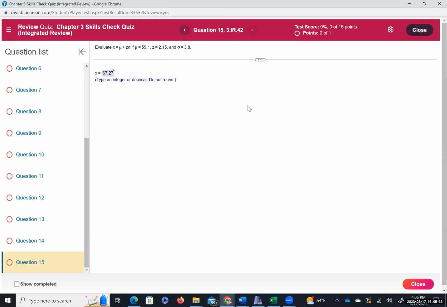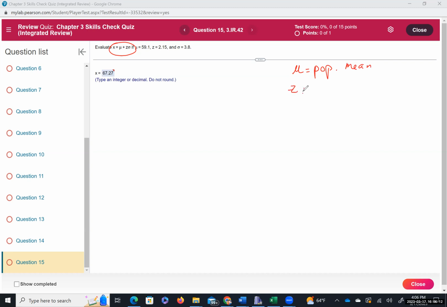Okay, the last question does have a formula. This is the formula to find x according to the mean, z-score, and standard deviation. Mu here is the population mean, or population average.